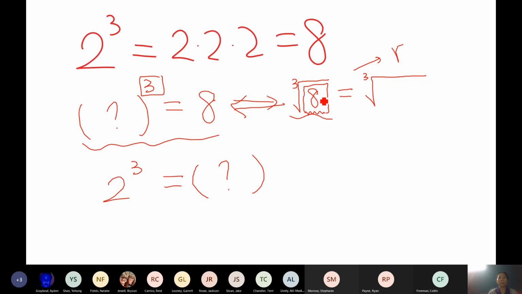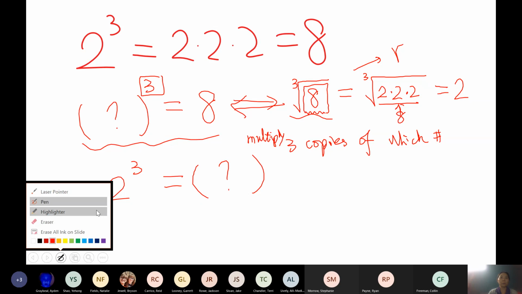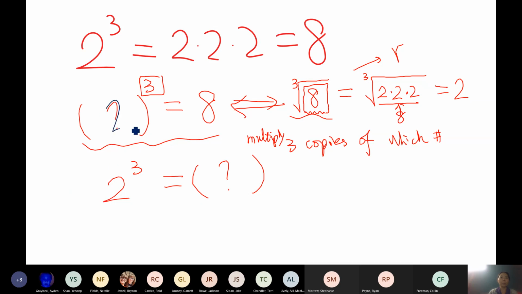So I can break down 8 as 2 times 2 times 2. Then I can see that 8 is multiplying 3 copies of 2, so the answer is 2. It's the same as what you would get if I asked you to fill in the blank: you would put down 2 here.